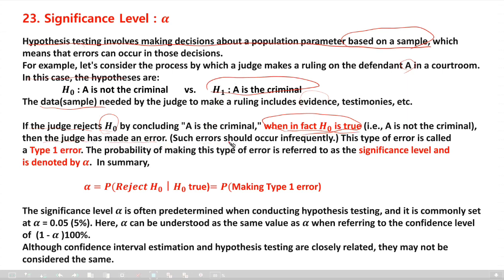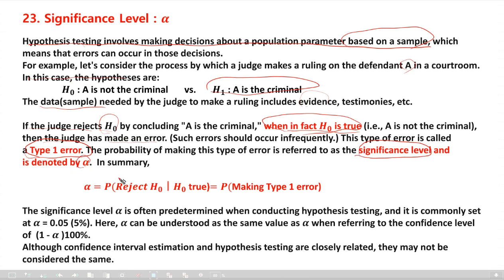Such errors should not occur frequently. This type of error is called type 1 error. The probability of making this type of error is referred to as significance level, and we denote it by alpha.